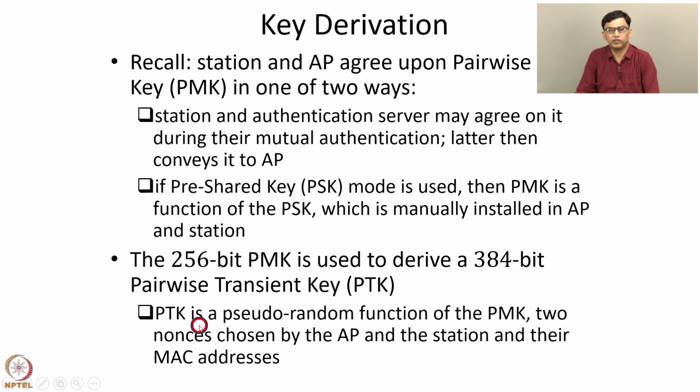MAC address stands for medium access control address. Every node in the network has a unique MAC address. This MAC is not to be confused with the message authentication code. So, this is the MAC address.